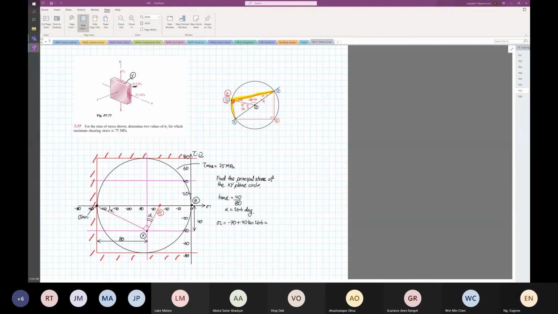Why 40? Because we know that this is 40. So tangent 26.6 times 40 plus minus 70 is approximately equal to minus 50.